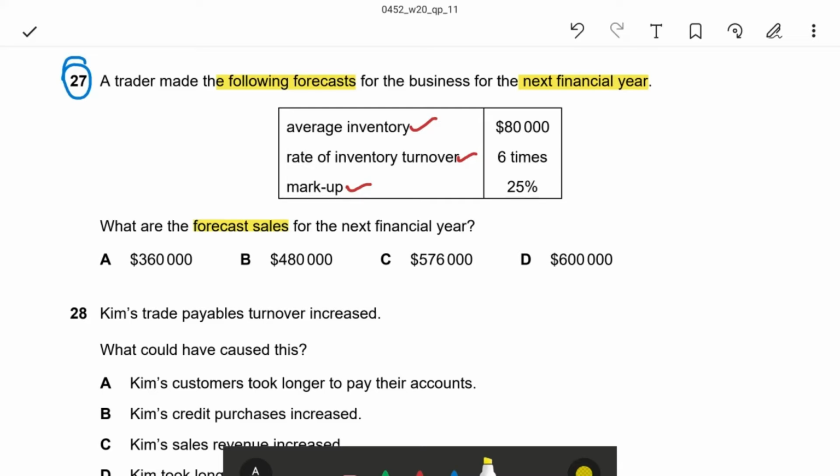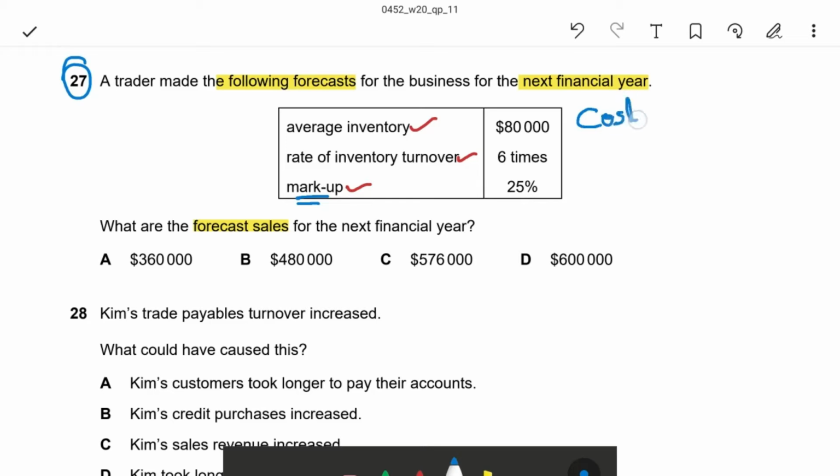To know the sales, we have to know first the cost of sales, because after that we can calculate the gross profit by using markup. For the cost of sales, they have given the average inventory and the rate of inventory turnover. From this equation, we can calculate the cost of sales.